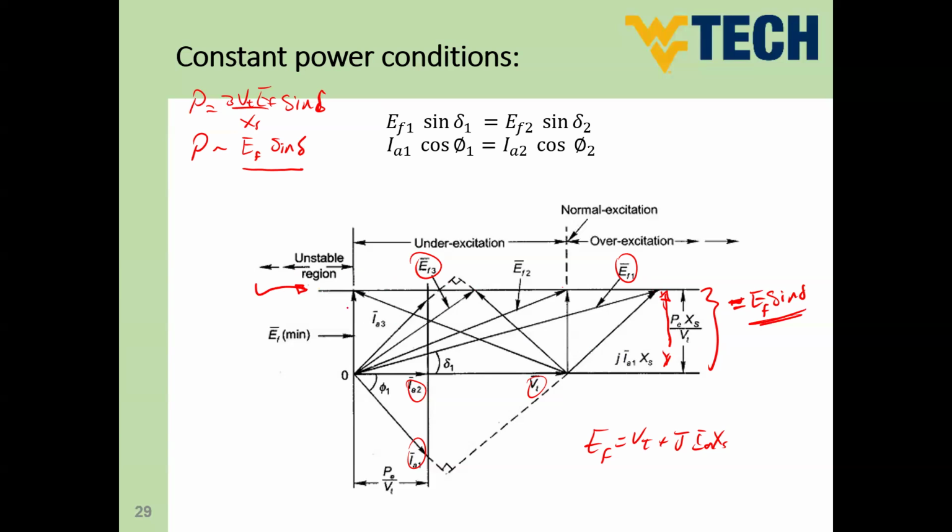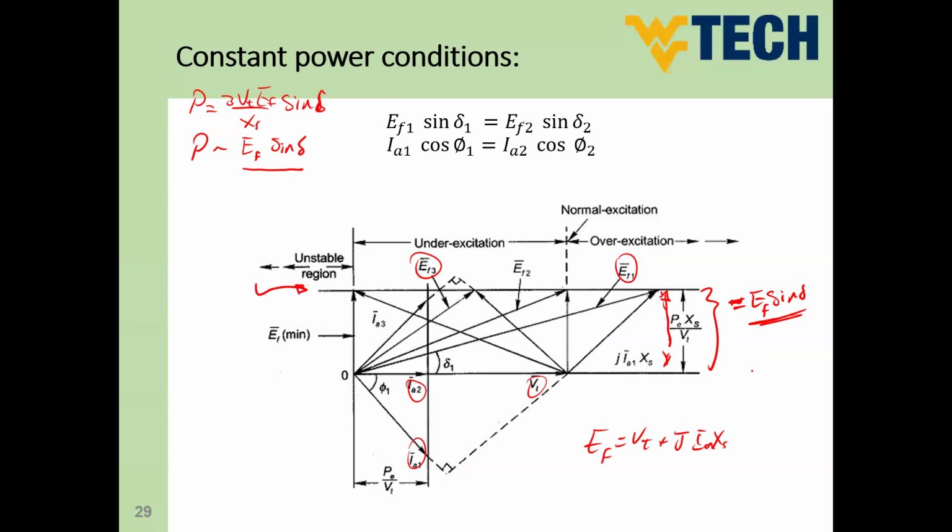So this line represents the excitation locus. Locus means the value of EF is going to vary across this line for different power factors, at the condition of constant power.